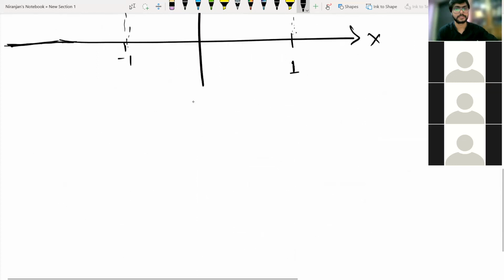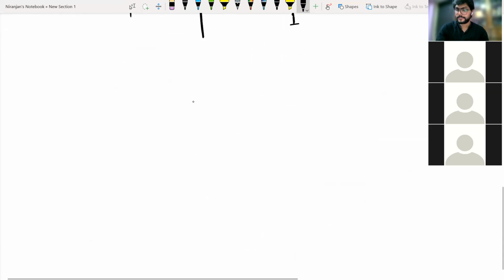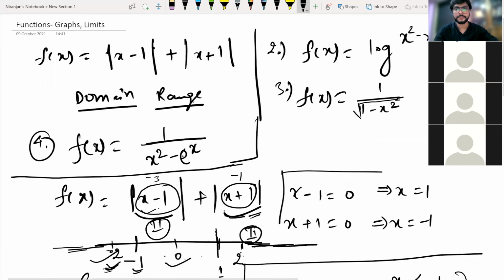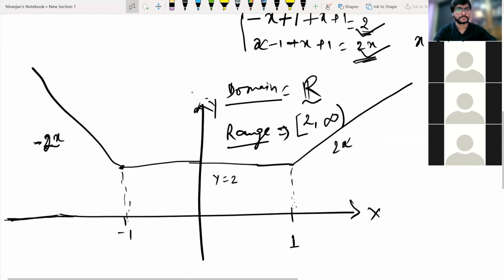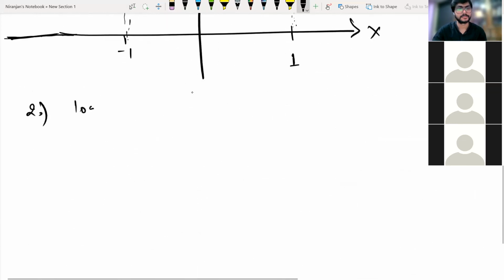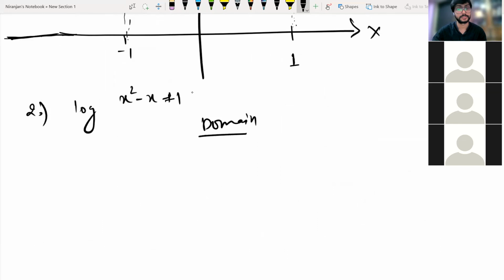Can you imagine? What was the second question? This is easy. Can anyone tell me what exactly did you get? What is the domain? I'm not going to solve it.